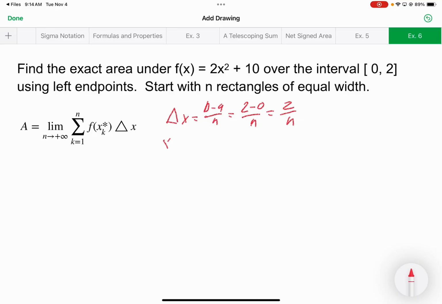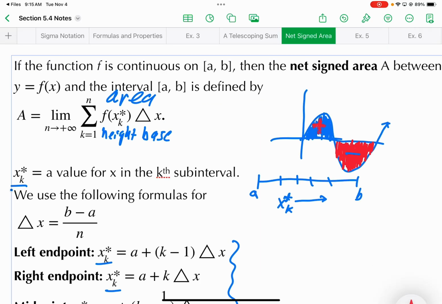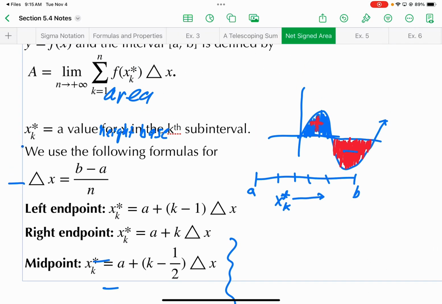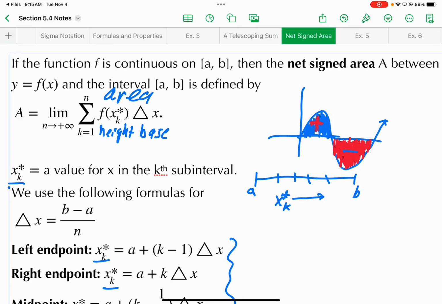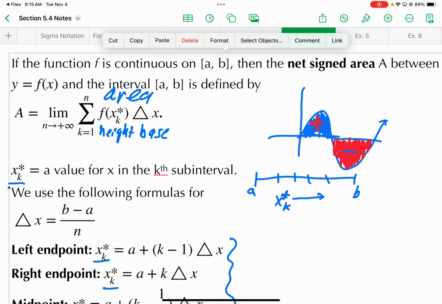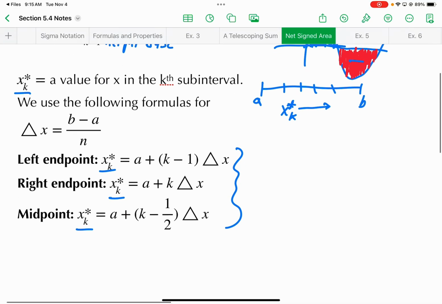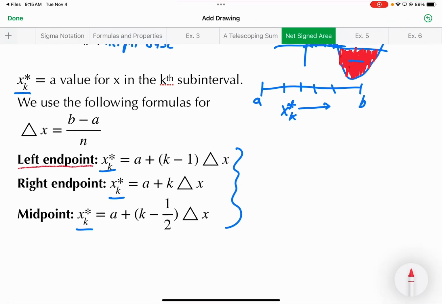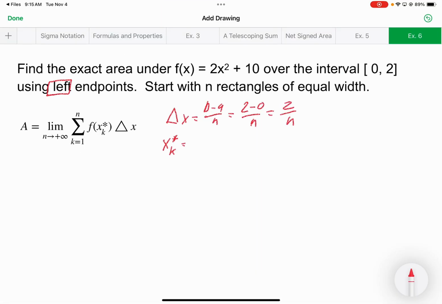And then I would do x sub k star. Now in this case, we're using left endpoints, which means we need to use this formula on the previous slide here. Oops, let me shift that around. But we need to use this formula right here for left endpoint. So a plus k minus 1 times delta x.